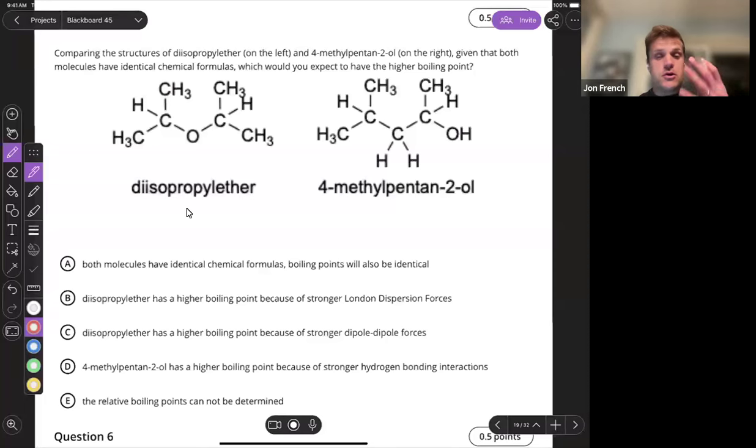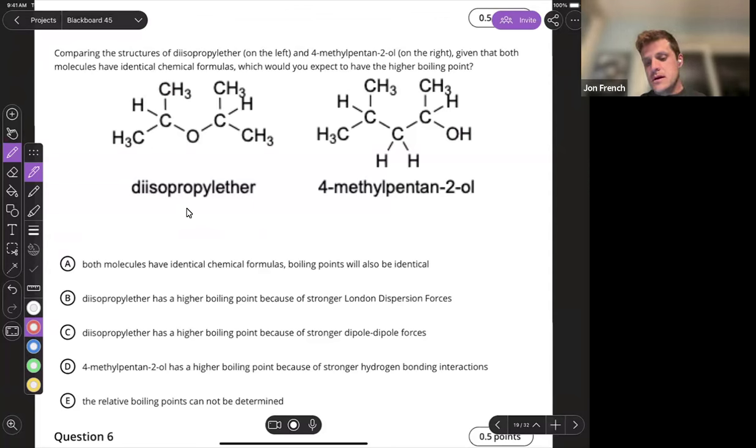One is, in general, larger molecules are going to have a higher boiling point because they've got more intermolecular forces. We can't use that argument here because both molecules are isomers of each other. They have the same formula, the same number of carbons, hydrogens, and oxygens. So we can't use the one's bigger than the other. They're going to have a different boiling point, so the argument we're going to have to make is a difference in intermolecular forces.